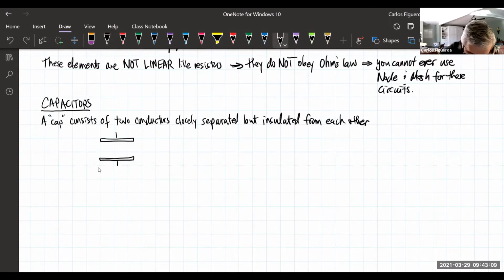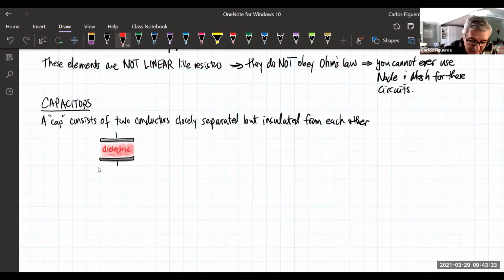And in between these two plates is an insulator. Insulators we call a dielectric.